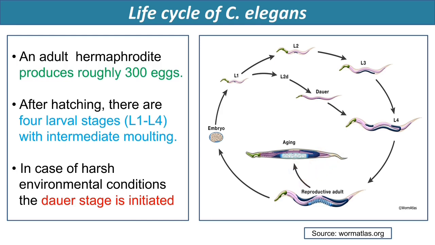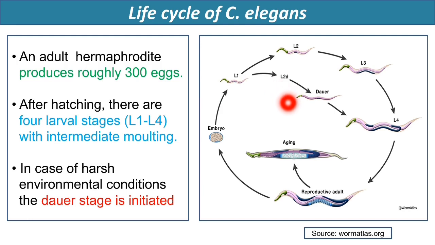Again, the L1 larvae may proceed through the alternate dauer pathway under harsh environmental conditions. As you can see in this diagram, the L1 larvae may undergo this alternate pathway, but this only happens under harsh environmental conditions, that is in a crowded environment or in the absence of food.